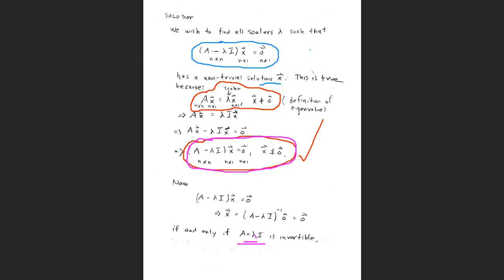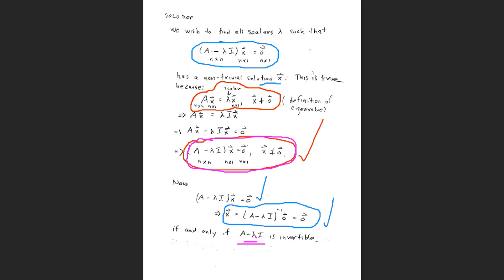So if A minus lambda I is invertible, we certainly could solve for X by multiplying both sides of this equation by the inverse of A minus lambda I. And it turns out then that X equals the zero vector.